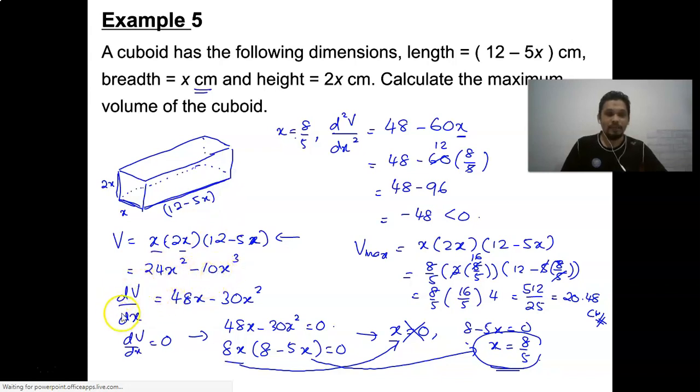Then we derive for the first time. 2 times 24 equals 48x minus 3 times 10 equals 30x squared. And from here, we set dV/dx equal to 0. Then, from here, we factorize 8.